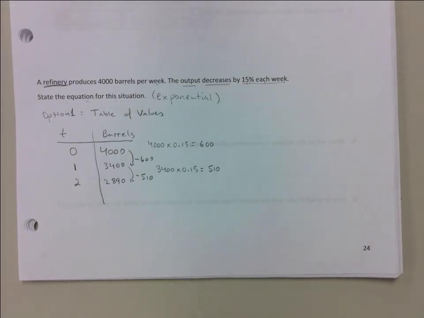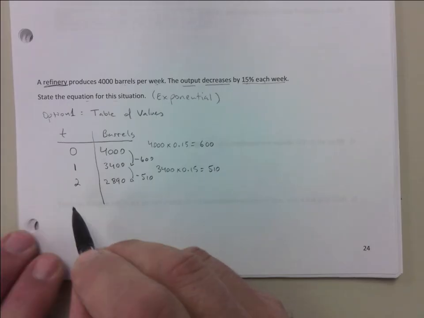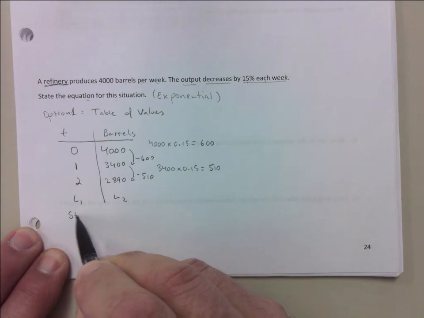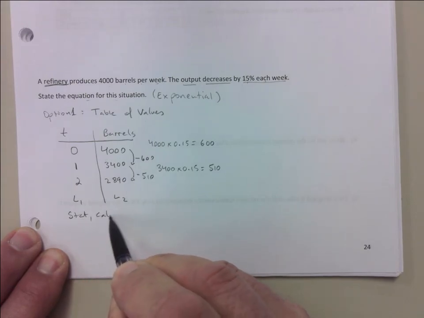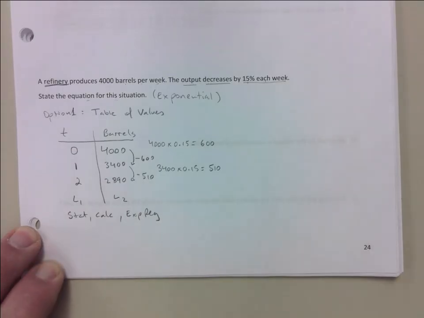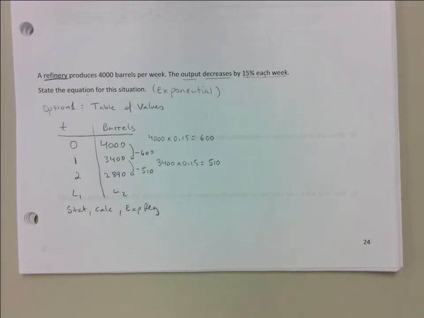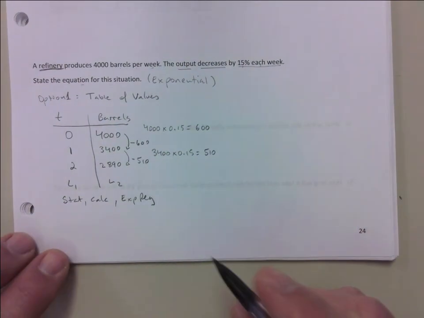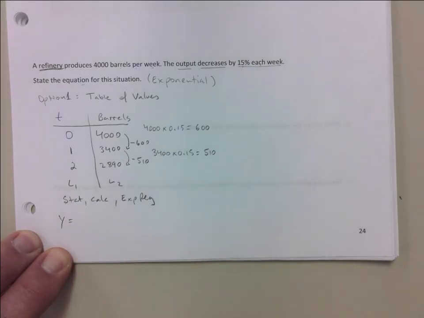And now you have everything you need to perform a regression. So you go L1, L2, and we're going to go stat, calculate, exponential regression. Let's figure out what it is, and let's see if we see something in our equation that you're like, oh, I could have made this up.